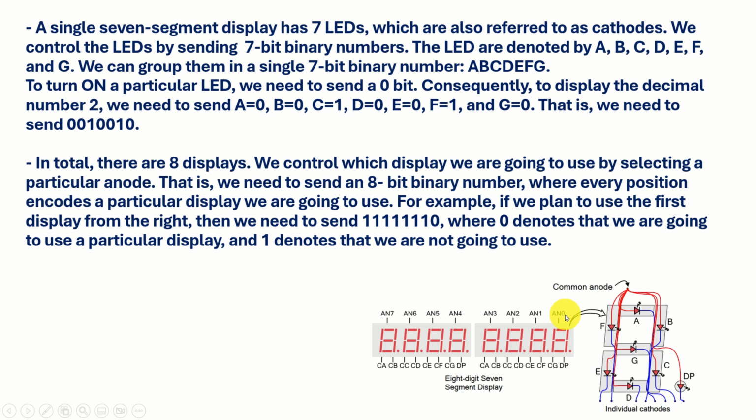Or, better to say, we need to send 0-bit to anode 0. The corresponding binary number will be 1, 1, 1, 1, 1, 1, 1, and 0. This will turn off the first 7 displays, and it's going to only keep on the last display over here.